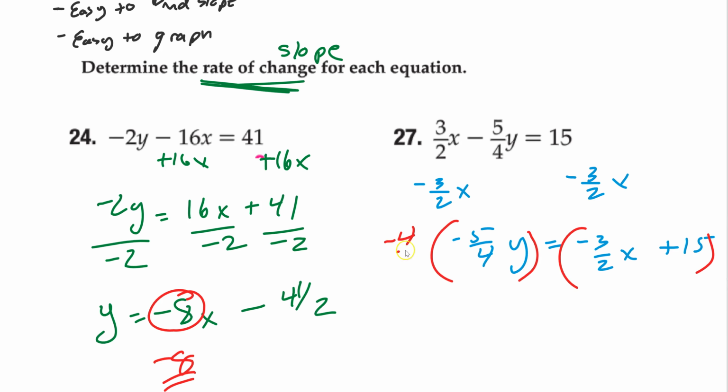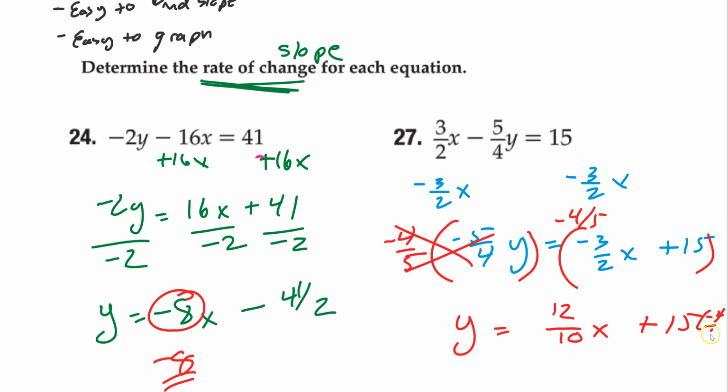So negative 4/5. Negative 4/5 cancels out. You just get y. Over here you get negative 4/5 times negative 3/2. So negative 4 times 3 is 12. And 5 times 2 is 10. Then plus 15 times negative 4/5, which will just be negative 12. But I don't care about that side. So my slope here is just 12 over 10.